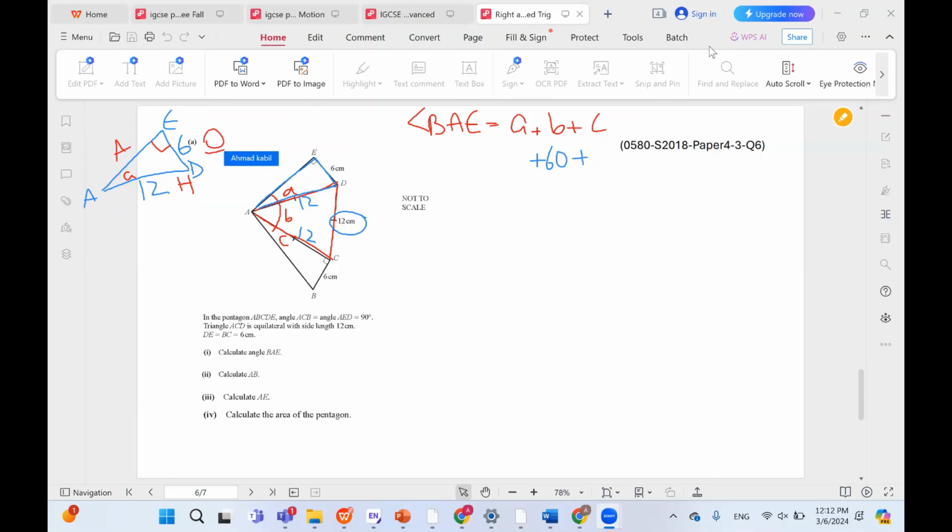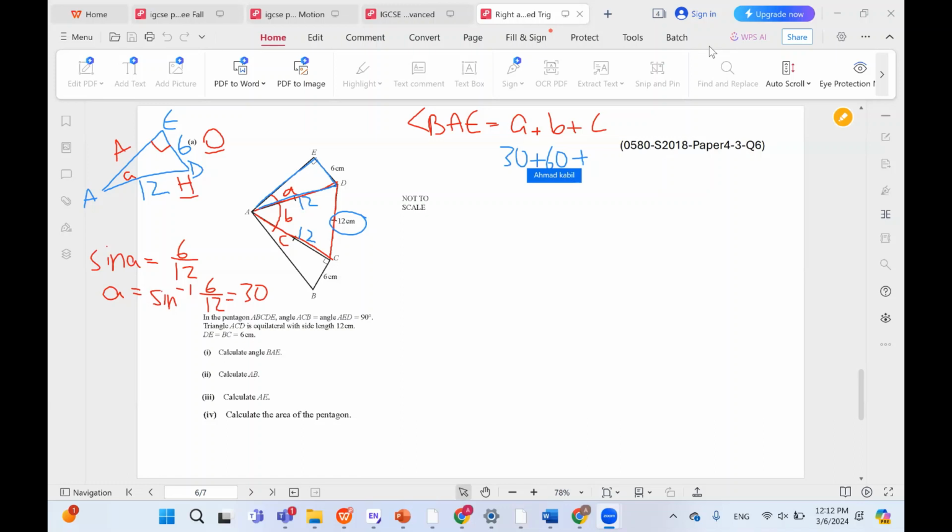So we have O and H. So we're going to use SOH. Sine A equals opposite over hypotenuse. So A is equal to inverse sine or shift sine on the calculator, 6/12. And this is equal to 30. So A is equal to 30.